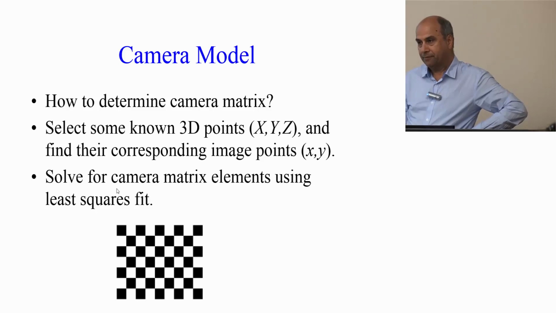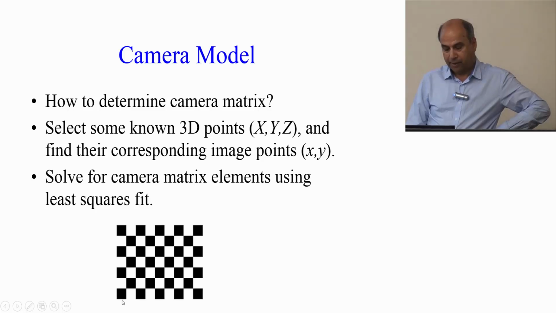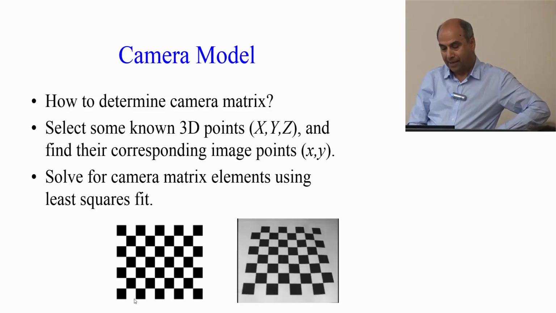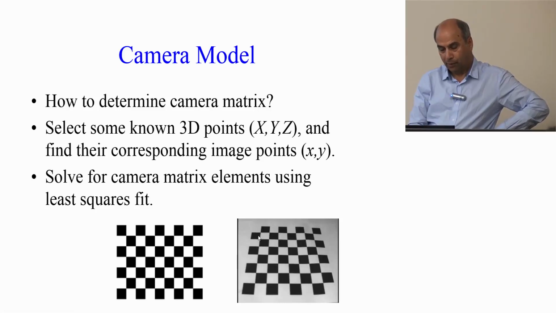Let's say you take this kind of checkerboard pattern and define some coordinate system, maybe with a 0, 0 origin, and you measure their x, y, z coordinates. Then you take a picture of it and determine the image coordinates in terms of pixels. Using these two, we will find those 12 unknowns.